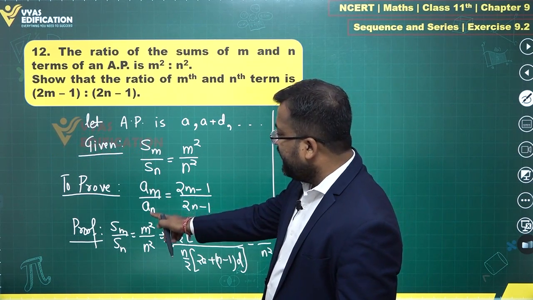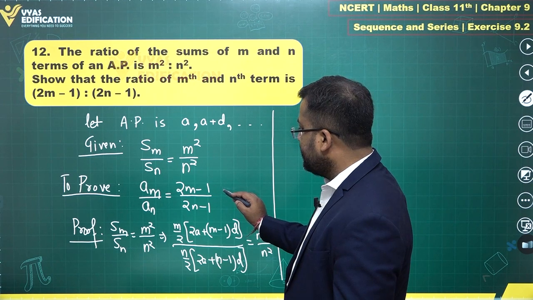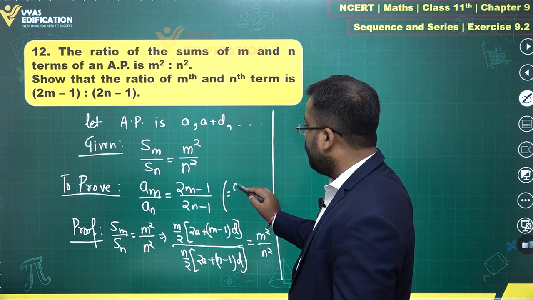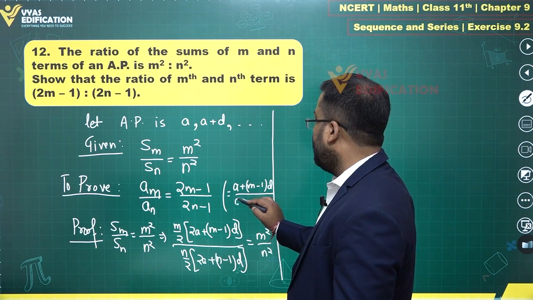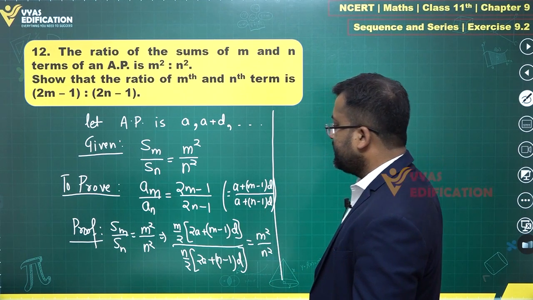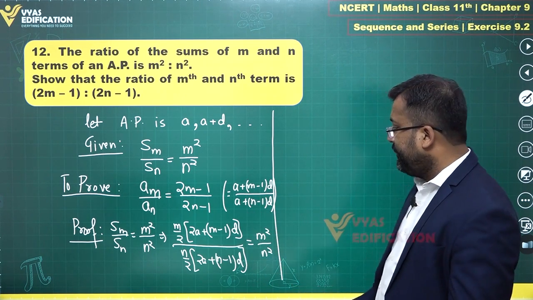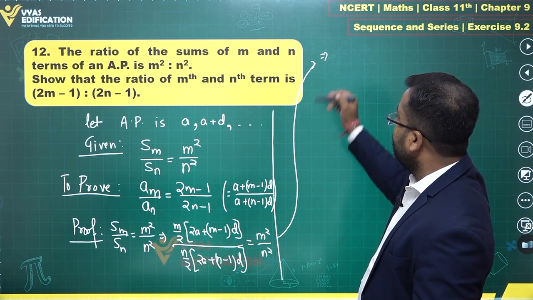What are we interested in? We are interested in am upon an, which is equal to what? This is also equal to (a plus (m minus 1)d) upon (a plus (n minus 1)d). Keep a look out for this kind of an expression. We need to form this kind of an expression, right? So this particular thing will be simplified to what?